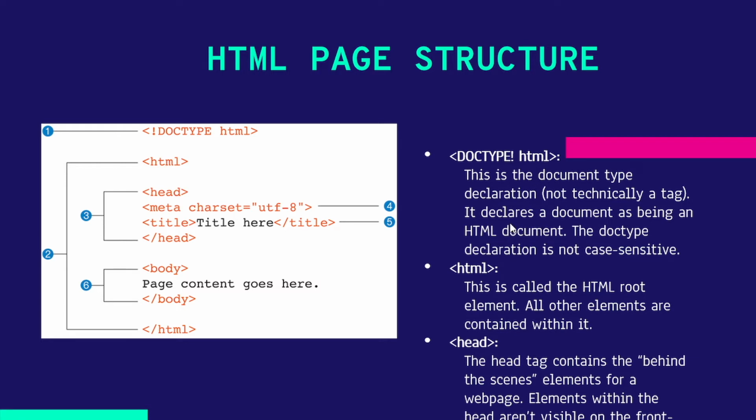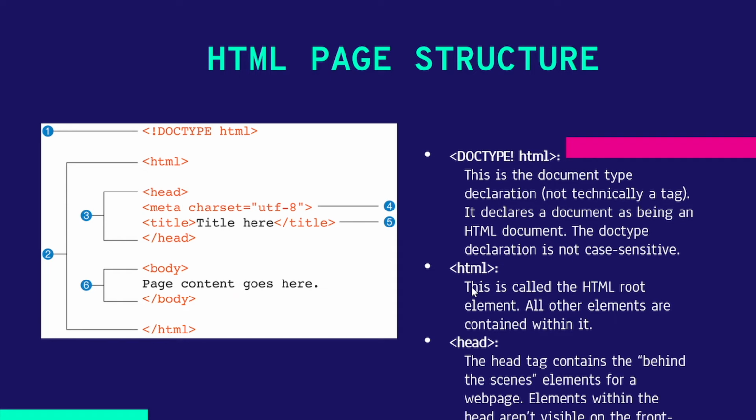So if you are running this file in the browser, this tag will tell the browser that it is an HTML file. The doctype declaration is not case sensitive. You can write it in small letters as well, but mainly we use this convention, so you can use that.